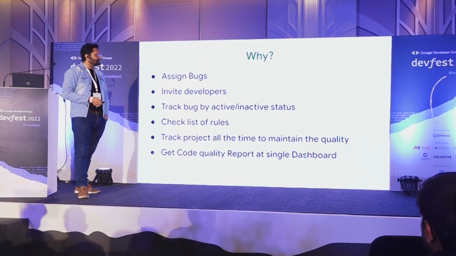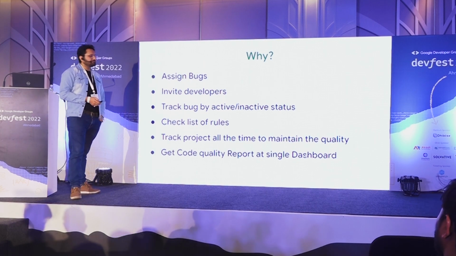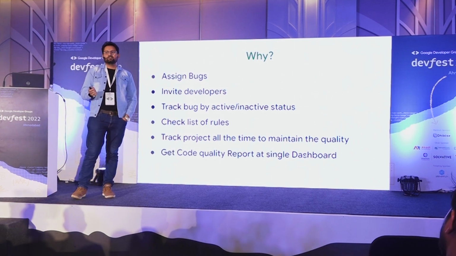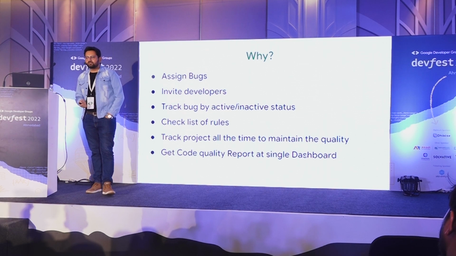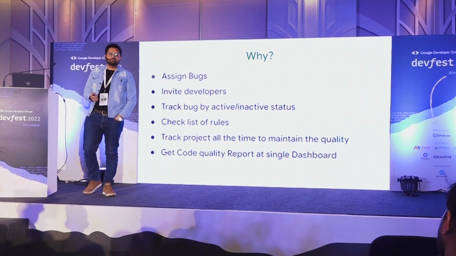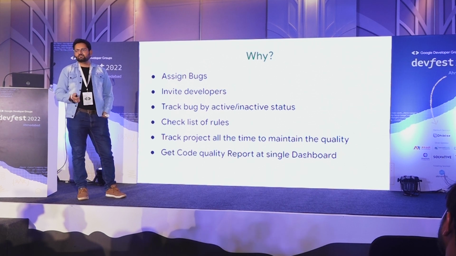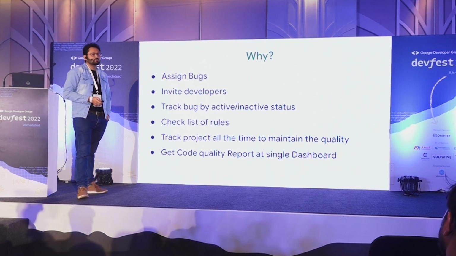These are the core features, along with many others, like the number of bugs that you can identify in your project. You are not the only superhero developer working on the project. Other developers also create bugs and fix them with some additional hours. So you can assign those bugs to other developers as well.